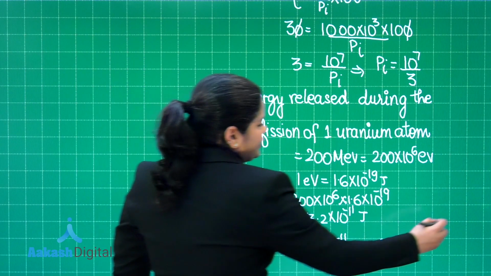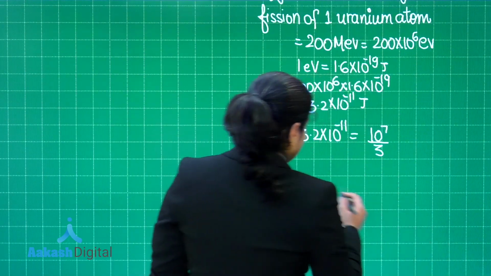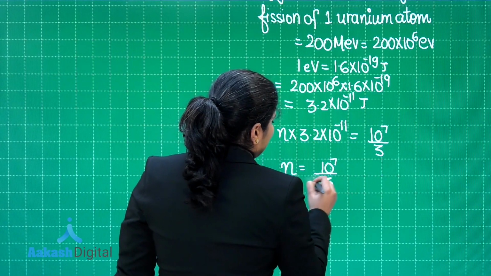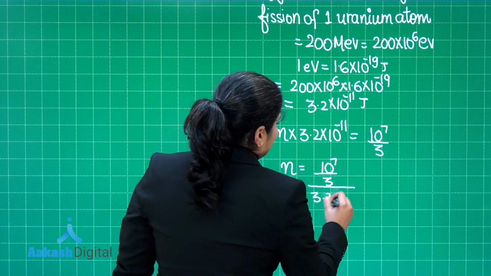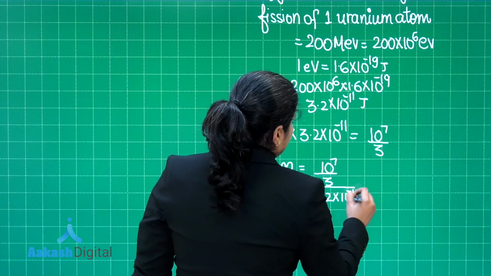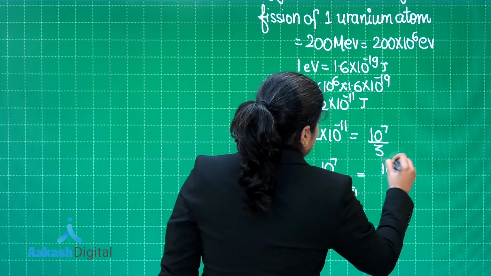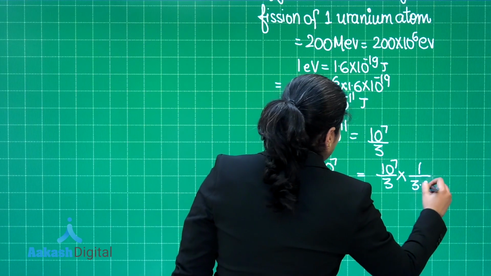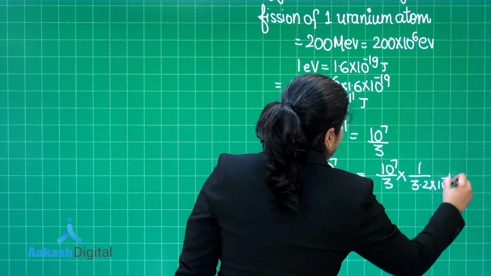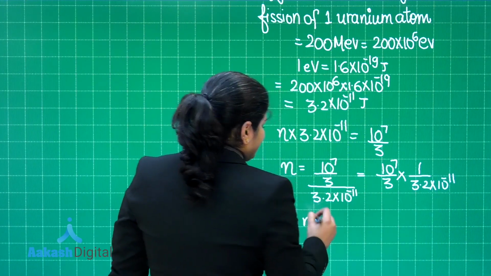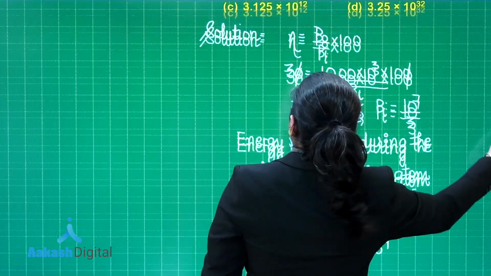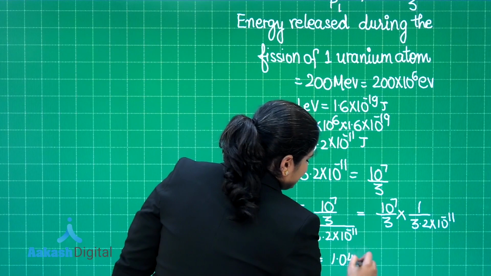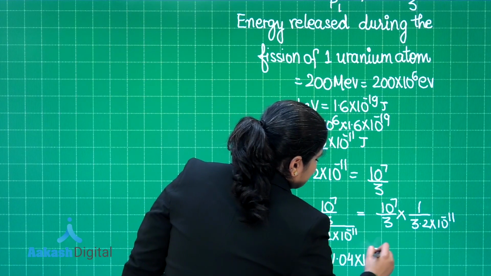So when you solve this, n will be 10 raised to the power 7 by 3 divided by 3.2 into 10 raised to the power minus 11, which will be 10 raised to the power 7 by 3 into 1 by 3.2 into 10 raised to the power minus 11. So when you solve this, your answer will come out to be 1.04 into 10 raised to the power 17 approximately.